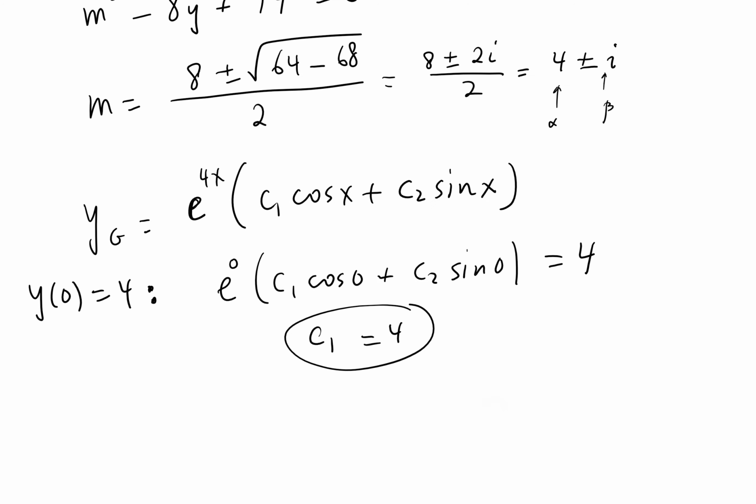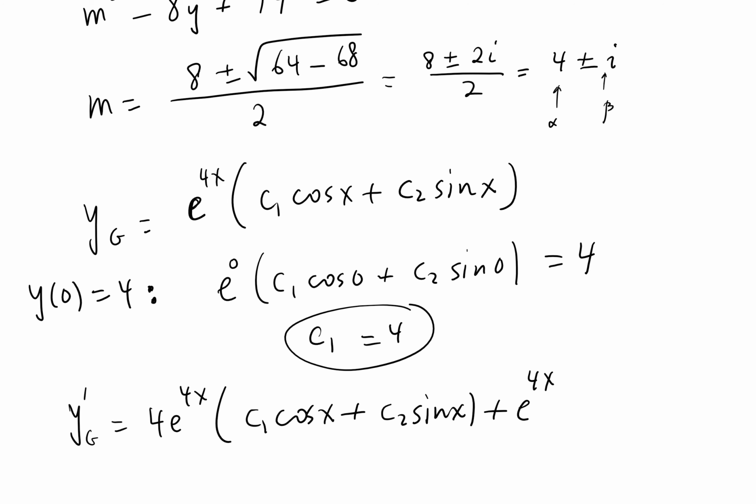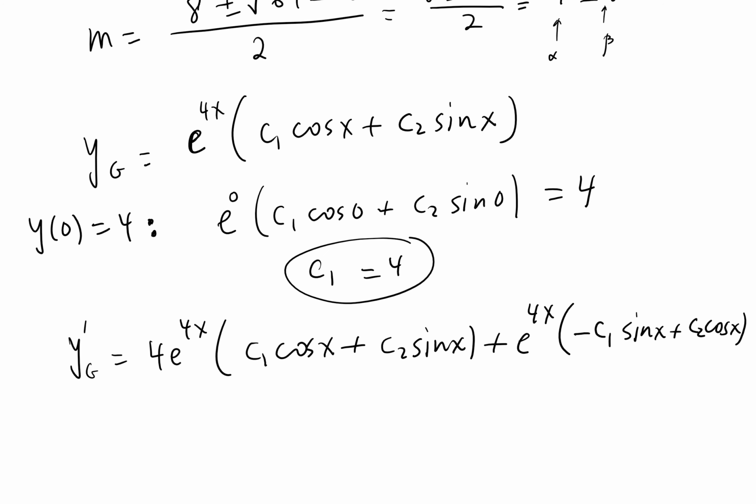And let's find y prime from the general solution. Using the product rule, 4e to the 4x times c1 cosine x plus c2 sine x, plus e to the 4x times negative c1 sine x plus c2 cosine x. They give us y prime at 0 is negative 1.